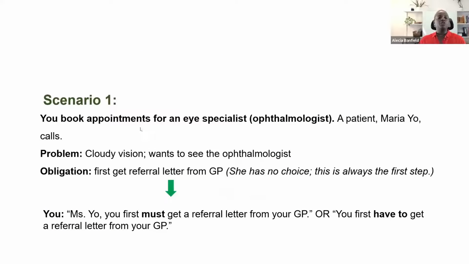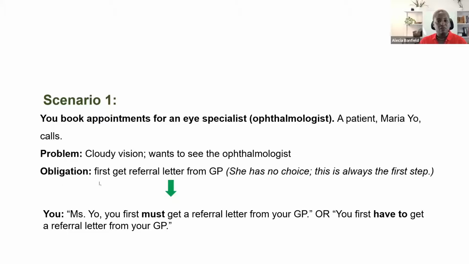Scenario one, you work in the office booking appointments for patients, and you are booking appointments for an eye specialist or an ophthalmologist. That's quite a mouthful, so let me say it again. Ophthalmologist. A patient, Maria Yo, calls. The important points about her case: problem, cloudy vision, wants to see the ophthalmologist.